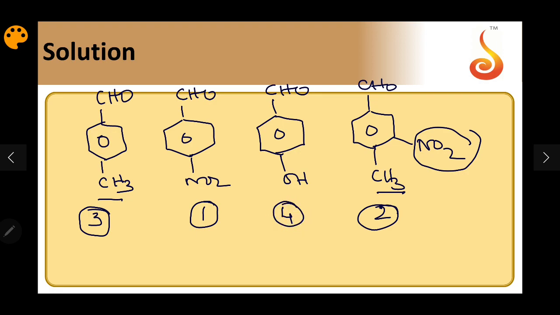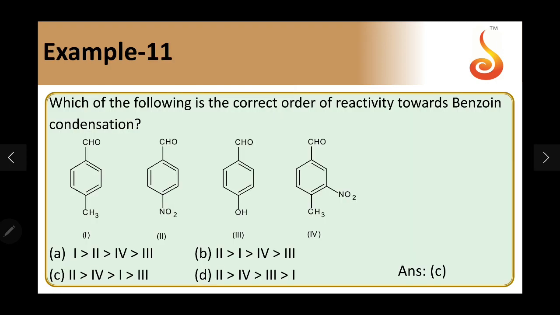If I call the compounds 1, 2, 3, 4, the answer should be 2 greater than 4 greater than 1 greater than 3. This should be the option. So, we will see the options. You can see clearly 2, 4, 1, 3, option C is the answer.